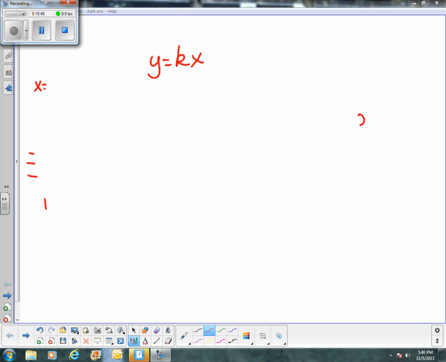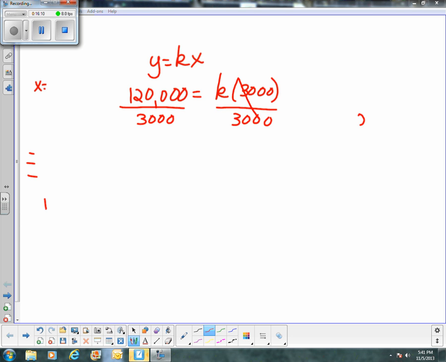So we know 120,000 equals k times 3,000. We solve for k. k equals 40. So we know the equation is y equals 40x.